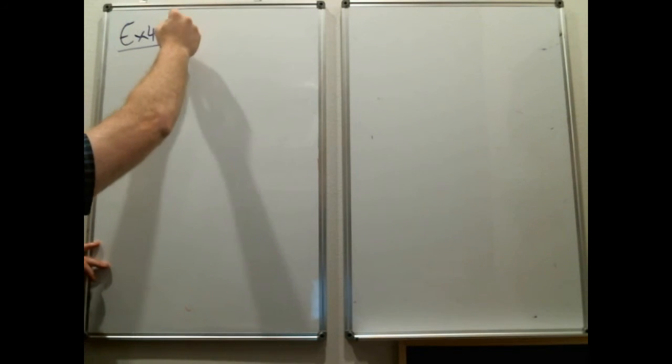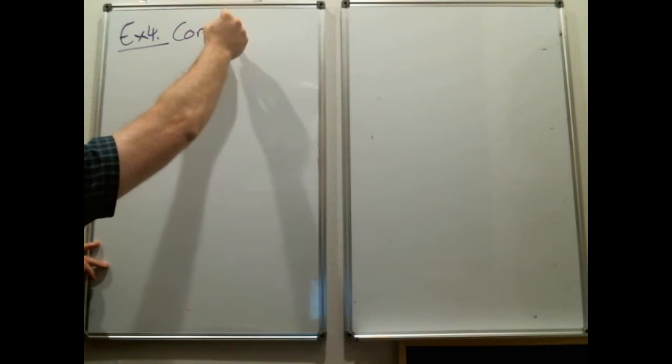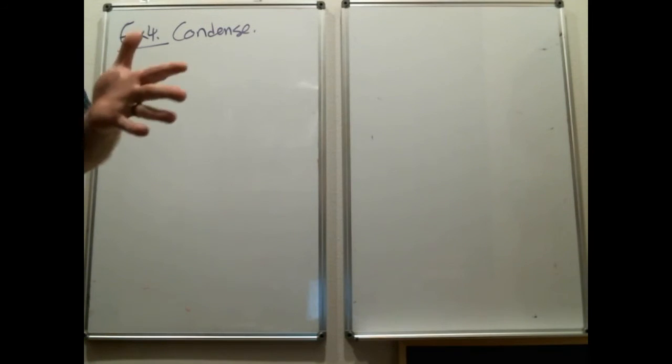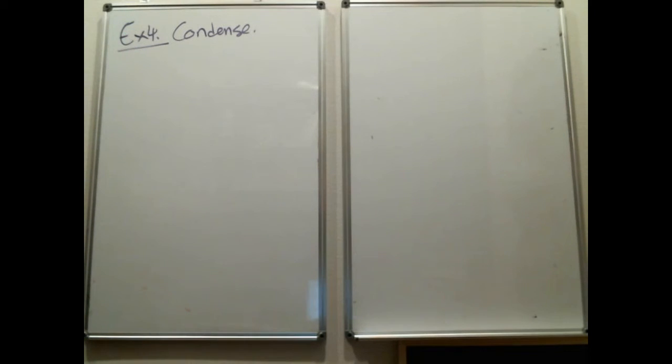So I'm going to just give directions of saying condense, but what the directions may say are something along the lines of write the expression as a single logarithm and simplify it if possible, something like that.